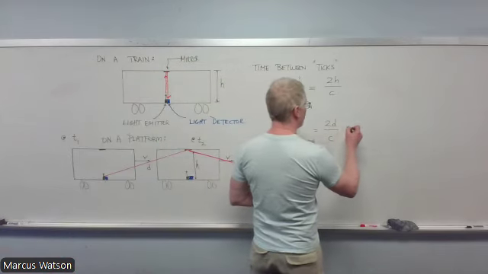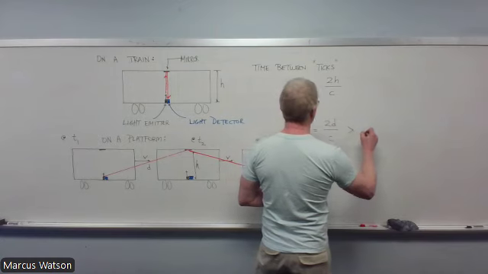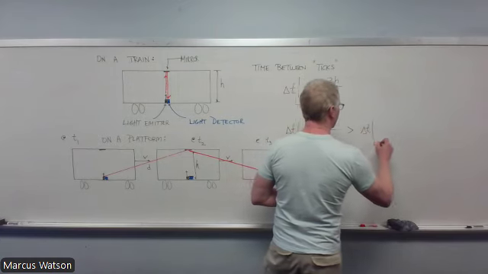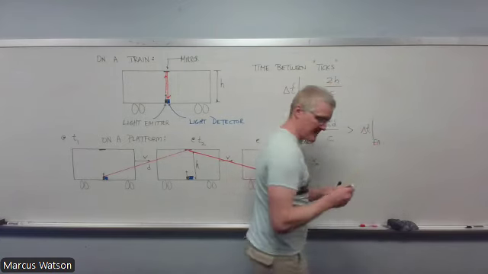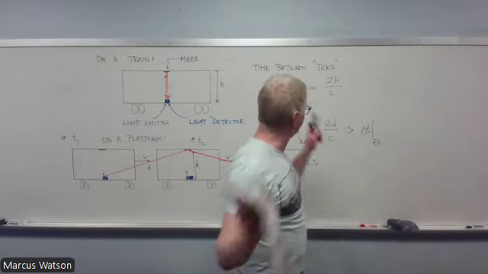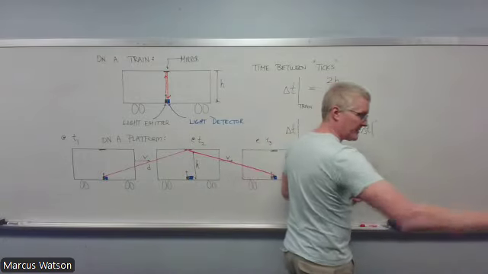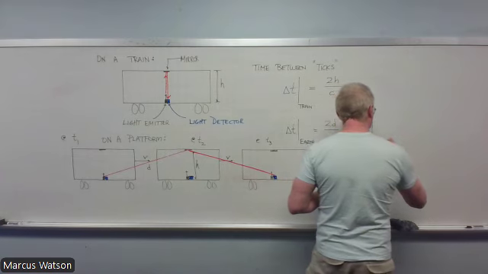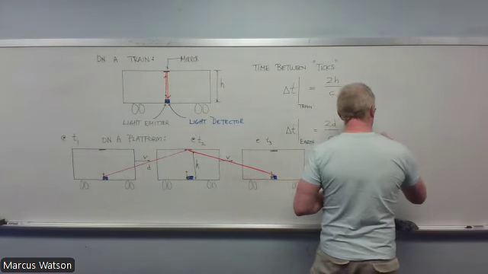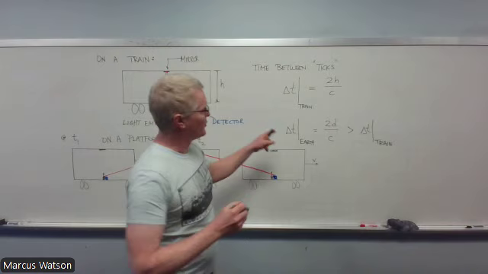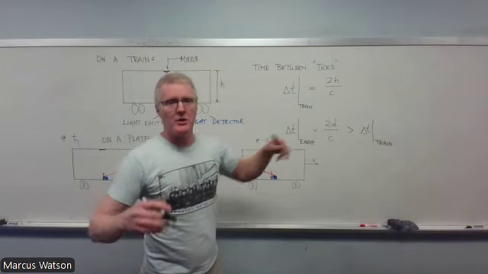Therefore, this must be a larger number than delta t train. Delta t Earth would be a larger number than delta t train.